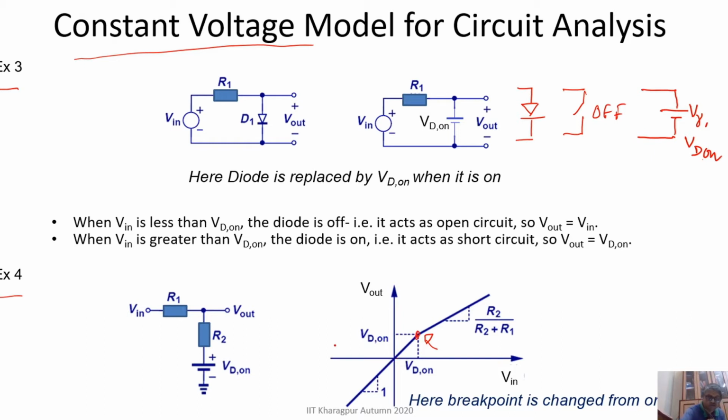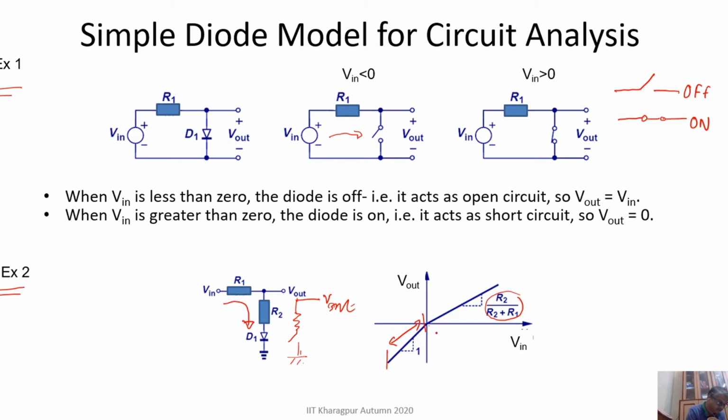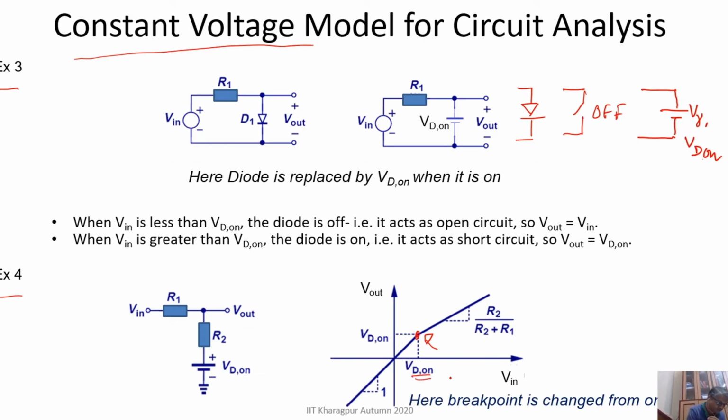In the previous example, this breaking point is at the origin, whereas here the breaking point is shifted towards VD on. For V in equal to VD on, then only the diode will be on, right? So you see the breaking point is shifted here. I hope these examples are clear to you.